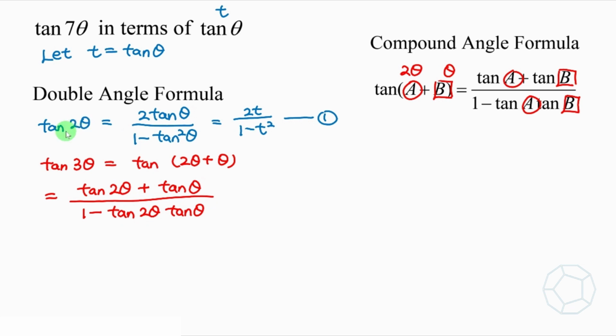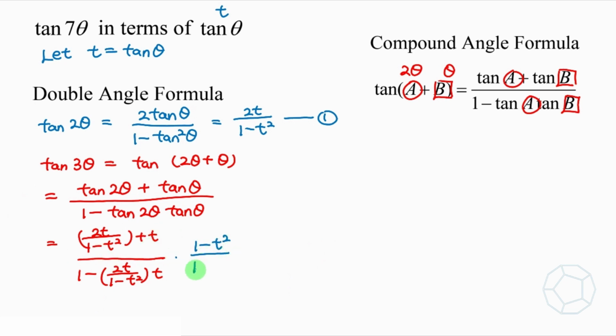Putting equation 1 for tangent 2 theta and t equals tangent theta into the expression, this is equal to 2t over 1 minus t squared plus t in the numerator, over 1 minus 2t over 1 minus t squared times t in the denominator. To simplify the fraction, multiply both numerator and denominator by 1 minus t squared.